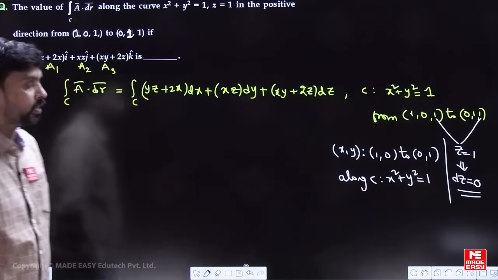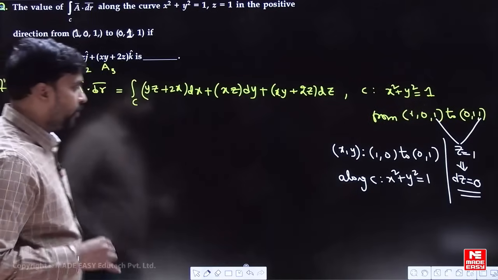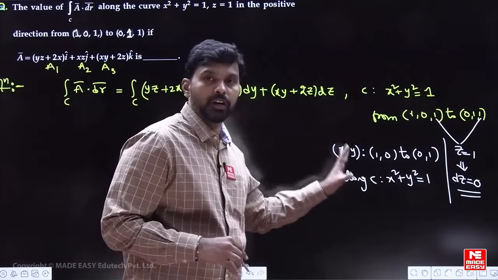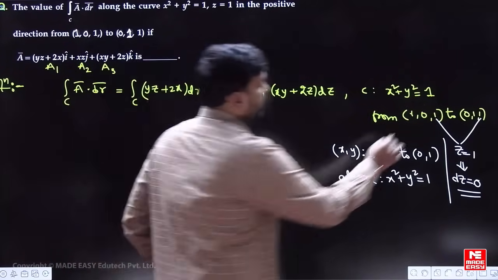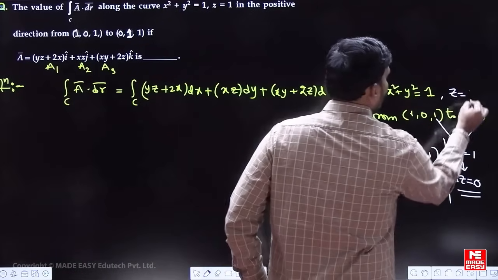This is exactly the contour you need to understand from the given, and he also said z is equal to 1.